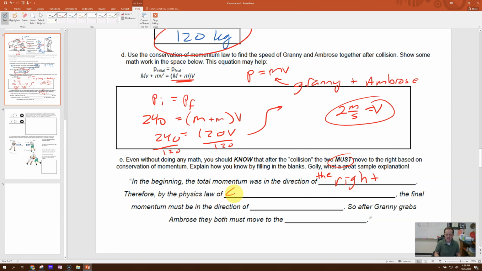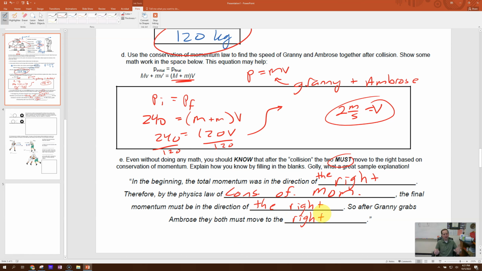Therefore, by the physics law of conservation of momentum, the final momentum must be, well, what does this mean? If momentum is conserved, it stays the same. So if I started off going to the right, I'm going to end going to the right. So after Granny grabs Ambrose, they both must move to the right.